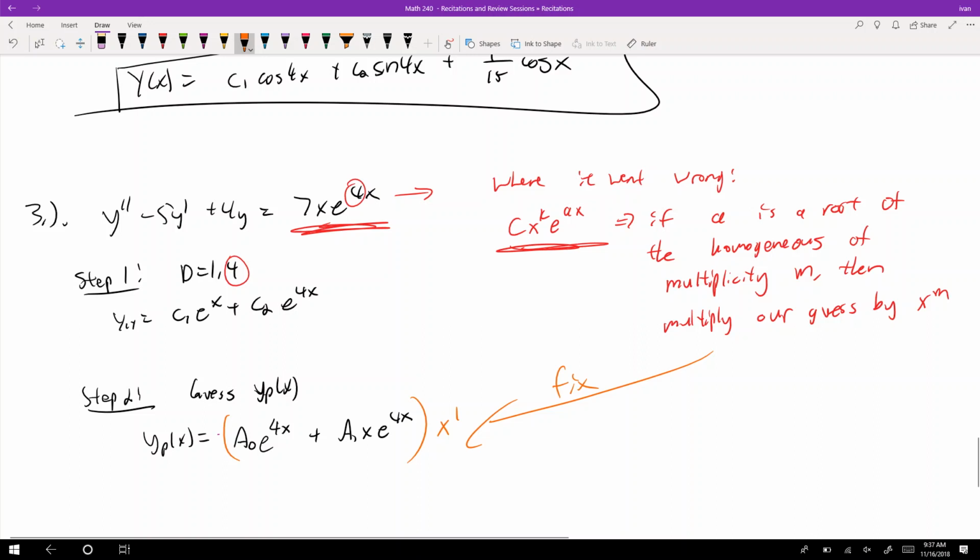Because now when I multiply that x through, I get a naught x e to the 4x plus a1 x squared e to the 4x. And now I don't have this problem where this guy is in my homogeneous, because it's not. So none of my particular solution terms are in my homogeneous solution anymore. And that's good.